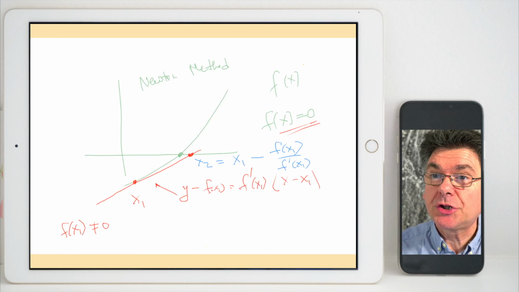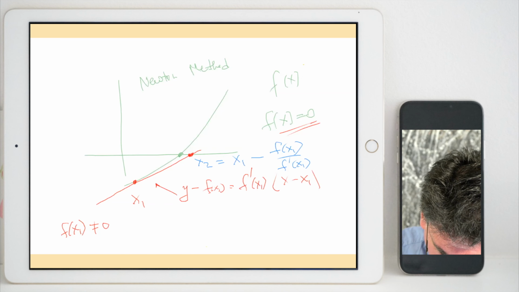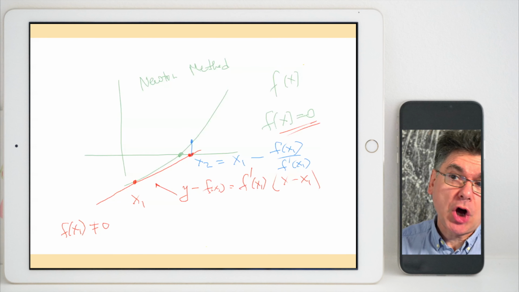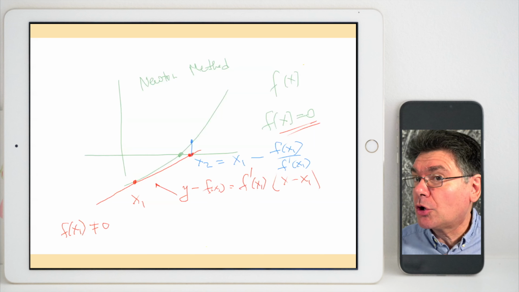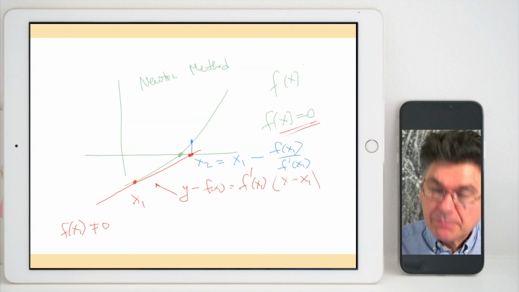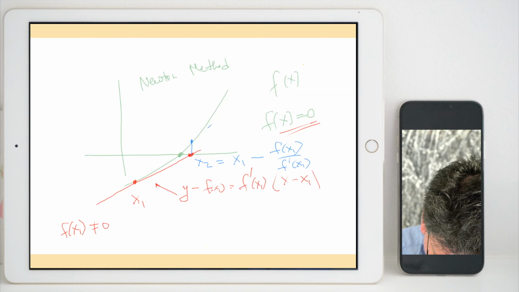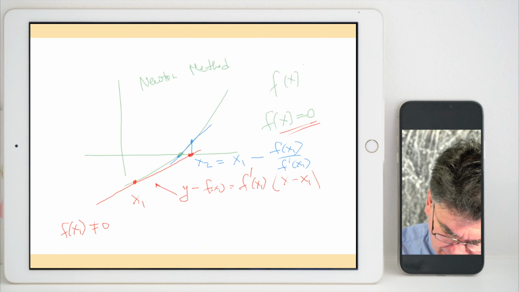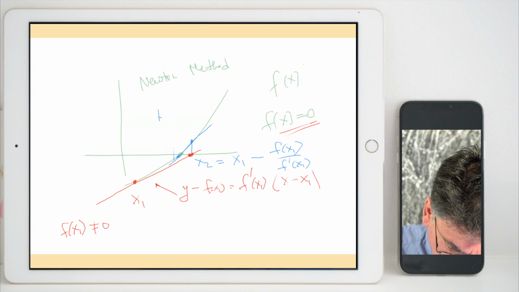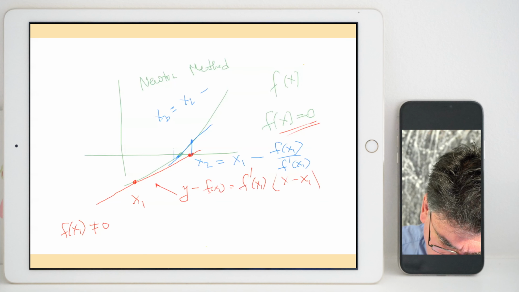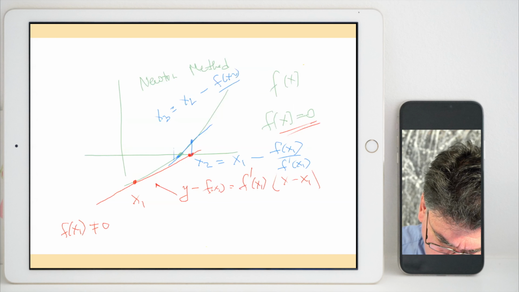And you know how this continues, right? Now you take x2 and you do the same thing. You evaluate x2, it has a value there, and this is not 0. It will typically be closer to 0, not always, but it's not 0. But what you do is the same thing. You find the tangent to that line, and then you find another point, and this point will now be x3. And x3 is x2 minus f of x2 divided by the derivative of x2.